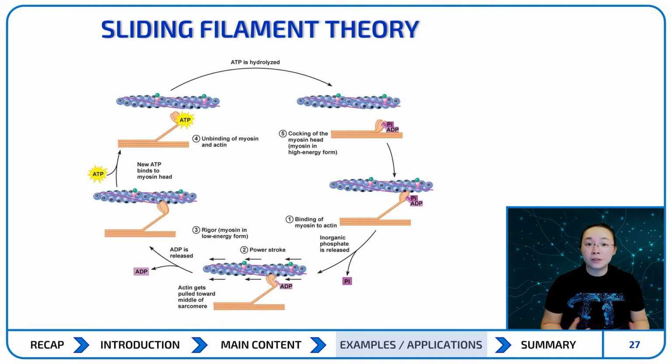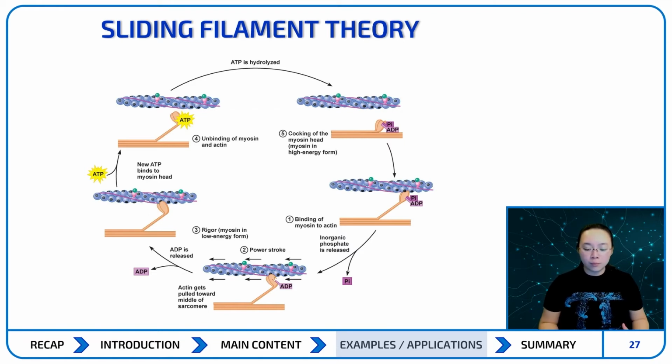And so it would be good to take some notes as to what the sliding filament theory is. So according to this theory, myosin filaments use energy from ATP to walk along the actin filaments so that it allows it to contract. So I'm going to explain how muscle contraction works, starting from muscle activation.